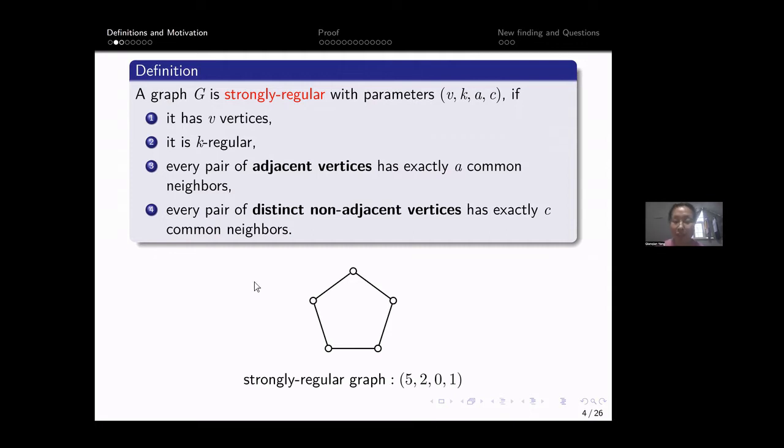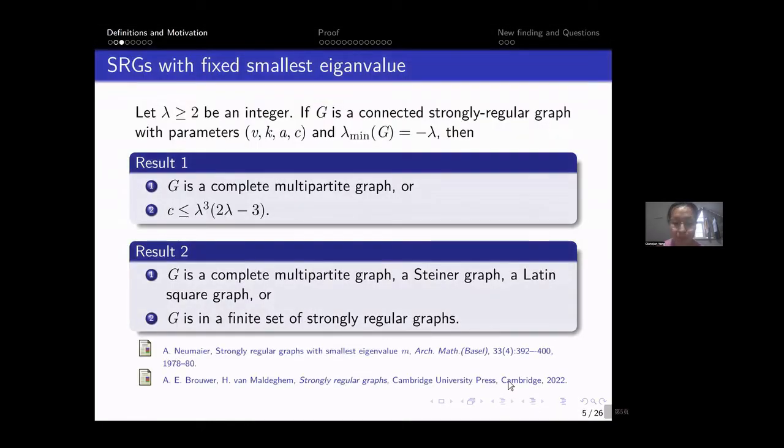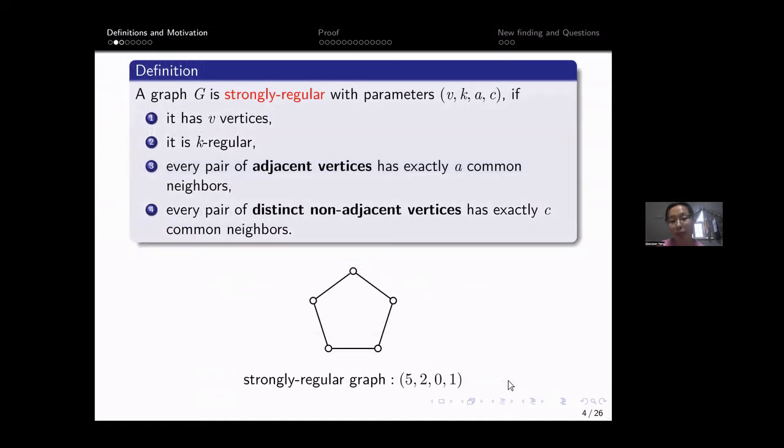Here I gave a picture with 5 vertices, and every vertex has valency 2. If we find a pair of adjacent vertices, they have no common neighbor, and if we find 2 non-adjacent vertices, then they have exactly 1 common neighbor. So the graph on this page is a strongly regular graph with parameters (5, 2, 0, 1).